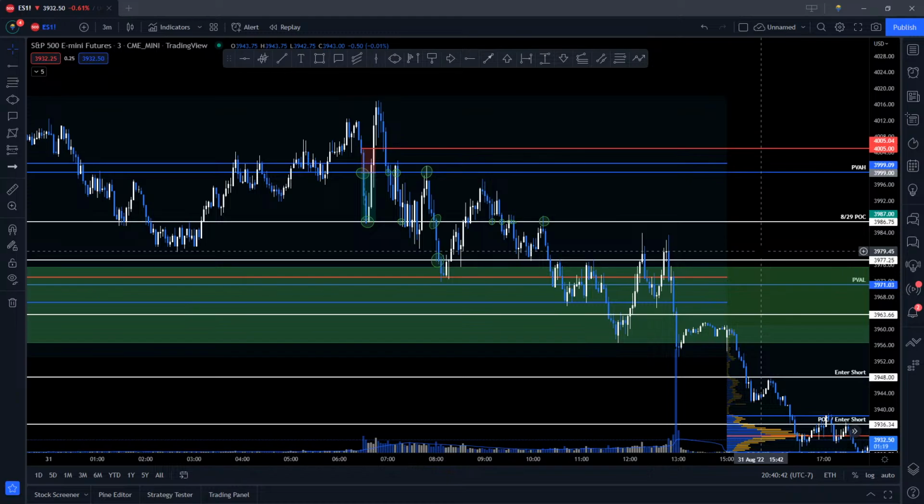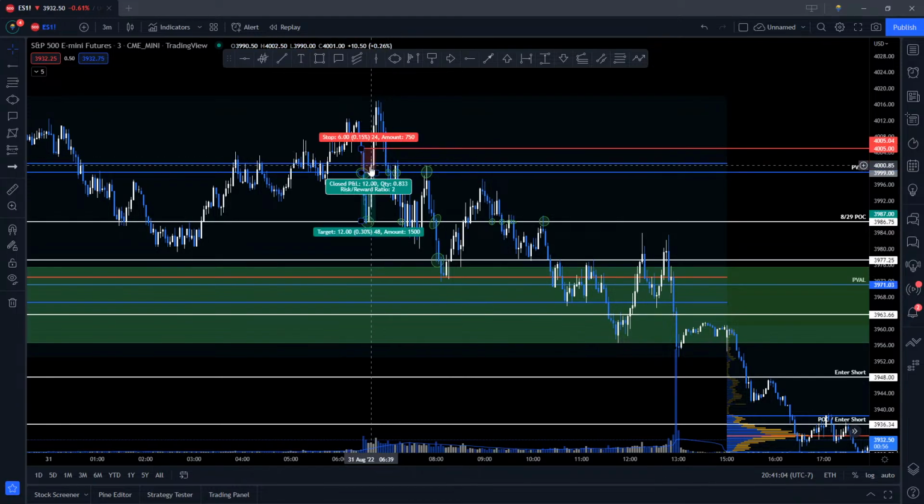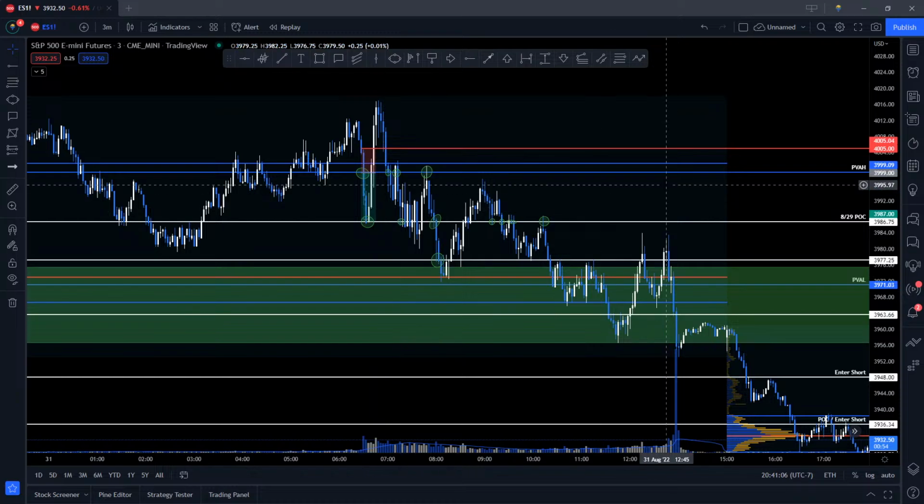And so I don't recommend taking, whatever this is, 1, 2, 3, 4, 5, 6, 7, 8, 9, 10, 11, 12, 13 trades in a day. But if you play 2 or 3 of these, I mean, honestly, if you play one and you honor your risk to reward, you're probably done trading for the day.